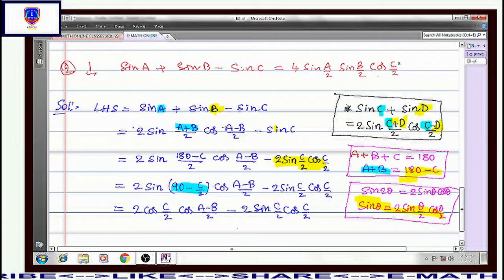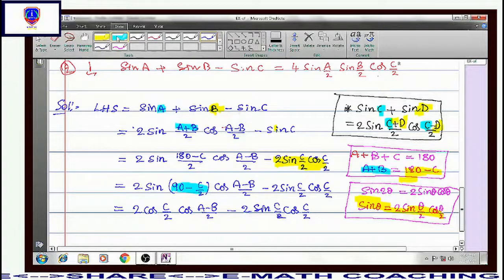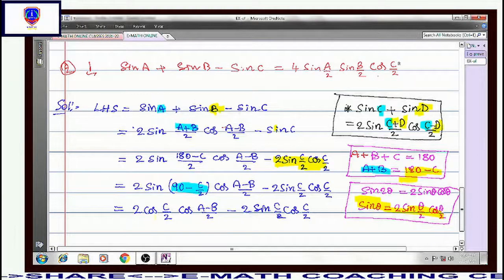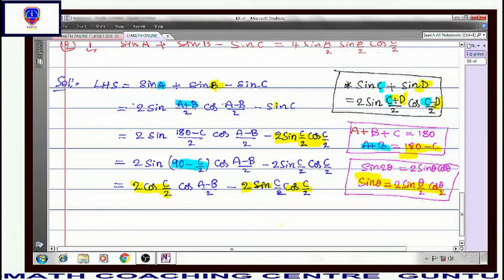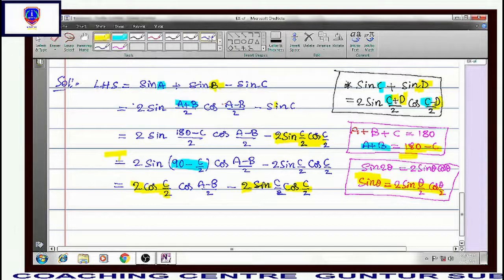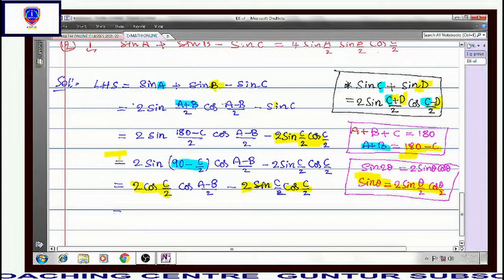Okay. Now, observe these two terms. Out of these two terms, we have common factors 2 and cos C by 2. Both of these terms have 2 and cos C by 2 as common terms.